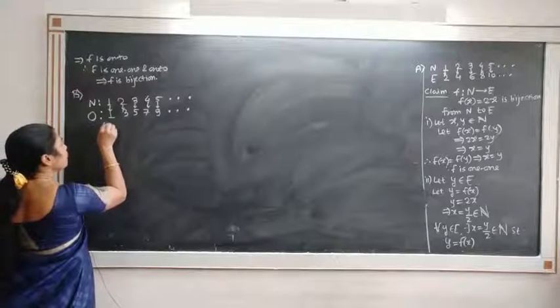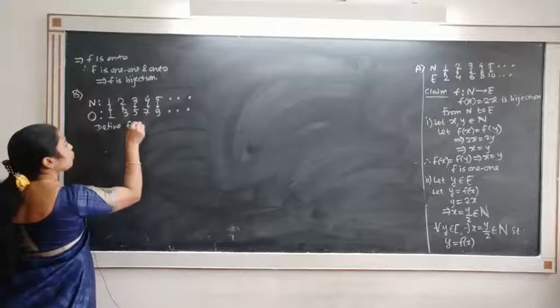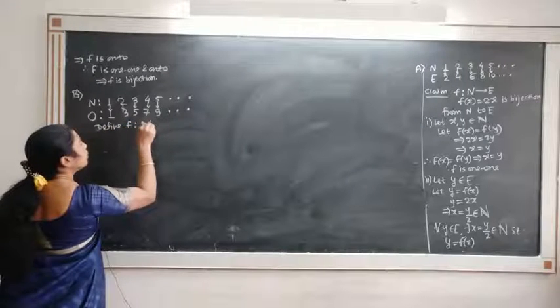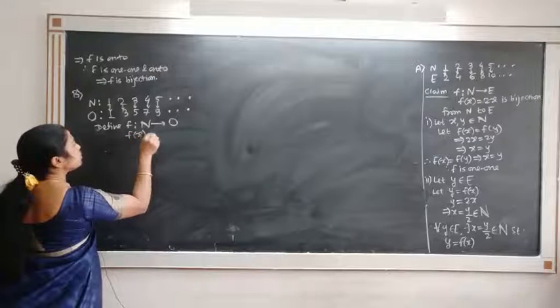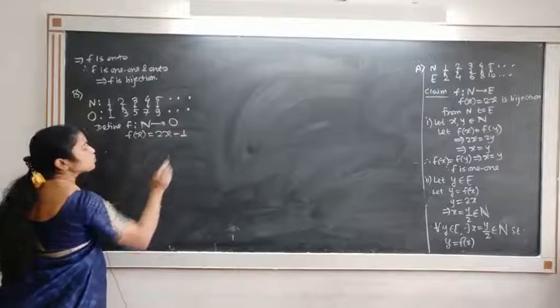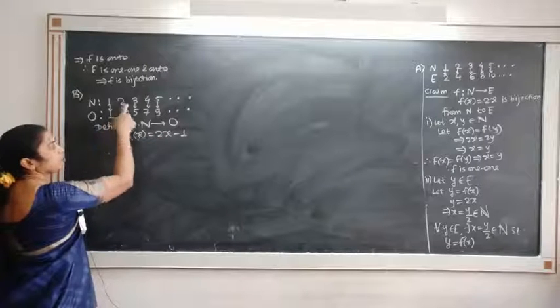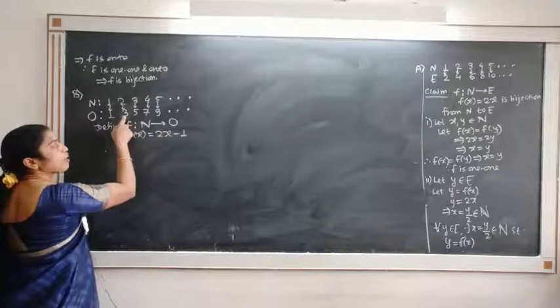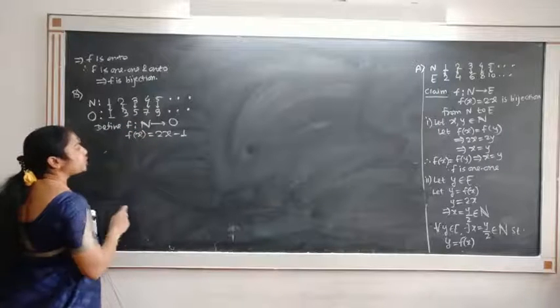Define a map f from N to O by f(x) is equal to 2x minus 1. If x is equal to 1, it becomes 1. When x is equal to 2, it maps to 3, and 3 will be mapped with 5 and so on.